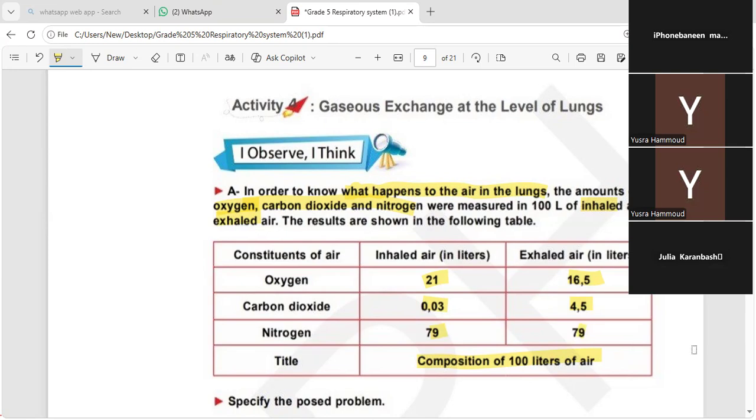79. So does the body use nitrogen? Does the body use the nitrogen gas that enters the body? Does the body use nitrogen?